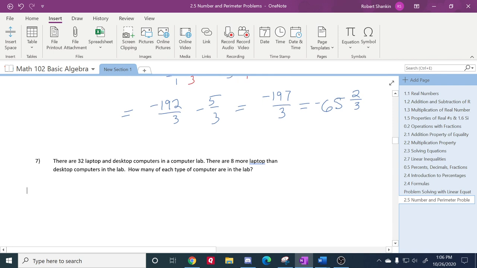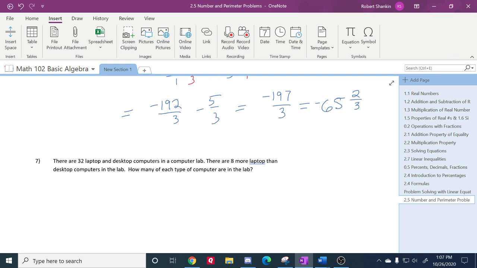There are 32 laptop and desktop computers in a computer lab. There are 8 more laptops than desktop computers in the lab. How many of each type of computer are in the lab?